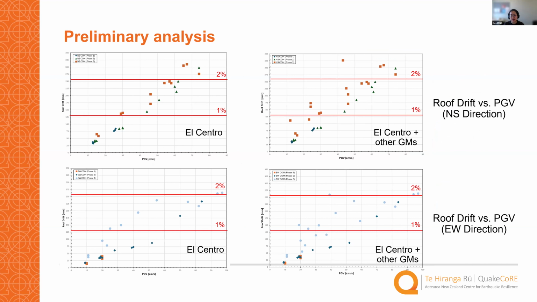Here you can see a roughly linear relationship between the roof drift and the PGV. We did see some outliers, but basically they are quite linear. And in the east-west direction, you can see two different groups of linear relationship, that is for the group of runs with BRB and without BRB.